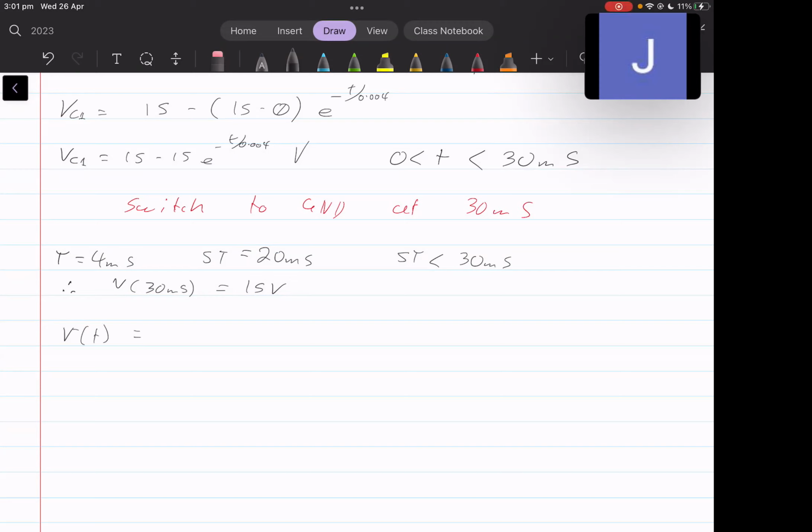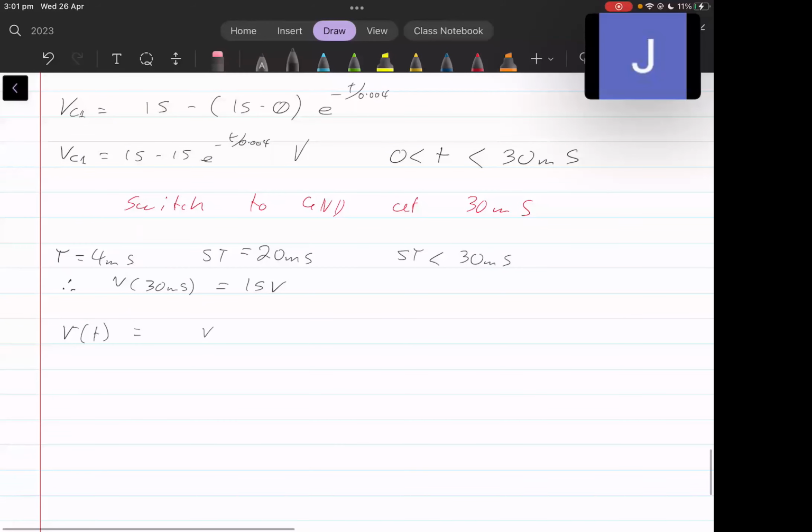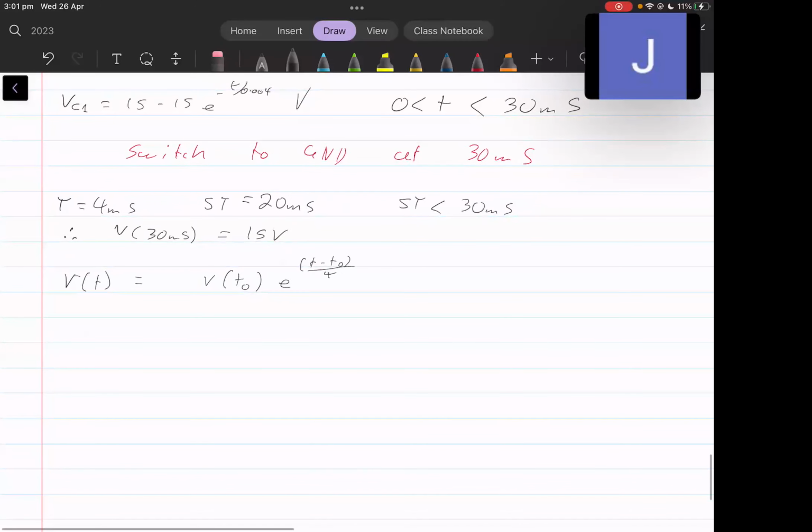So this is just a little bit less. You can choose to memorize this formula, and just plug it all in here.